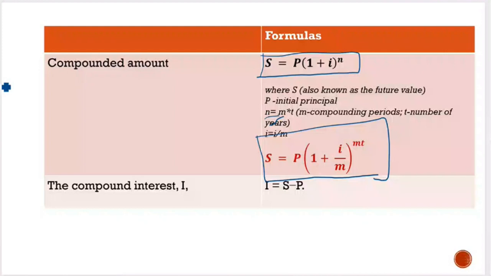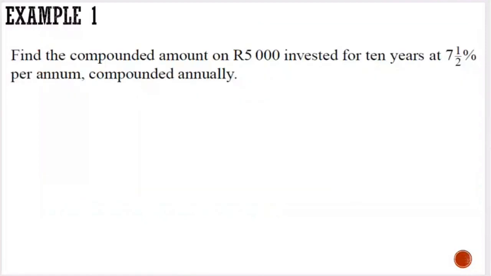Let us go through the examples so then we can see how this compounding works using this formula. And then you've got a compound interest, that is an amount. It is similar to the one that you saw when we were using simple interest. Okay, here's the first example. Find the compounded amount on 5,000.